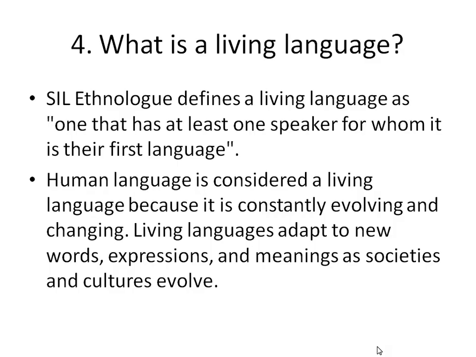Okay, that is called a living language. Human language is considered a living language because it is constantly evolving and changing. Human language is like a tree, which has life, isn't it? Why? It will grow, it will reproduce, and it will evolve.